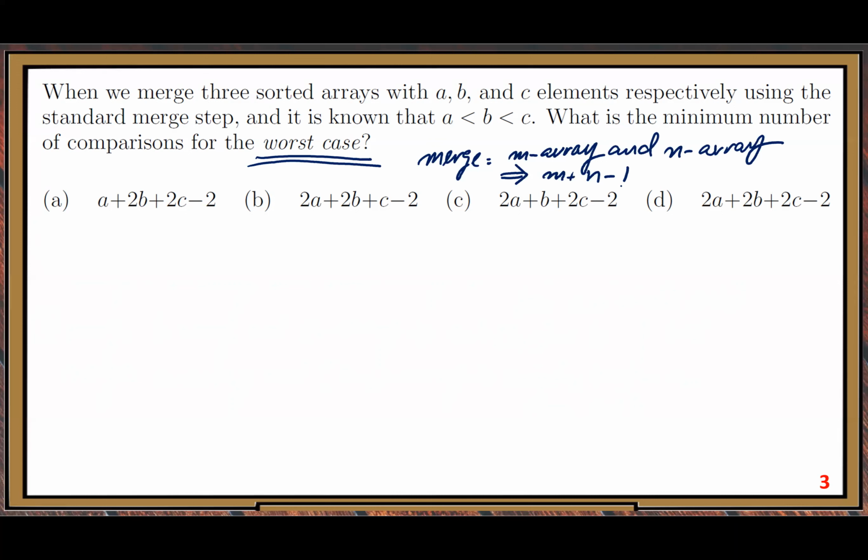Here, look at these four options. A less than B, B less than C. First, let's look at which one is the smallest among the four. They have similar structure. Constant part the same.